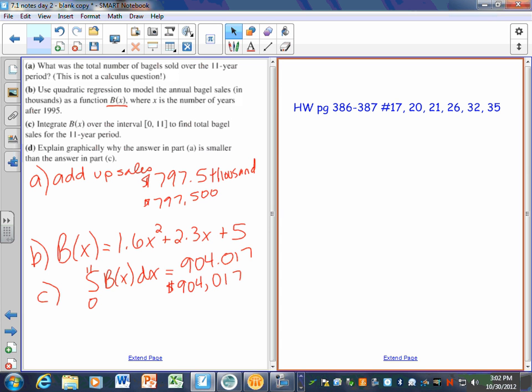But there are definitely ones on your homework where you can just use a calculator. I think actually number 26, you're using that same equation that we just found from part B. But it's really not that bad of a homework assignment. It's just kind of practicing doing this, okay? Get started.